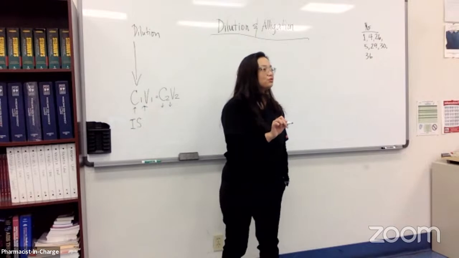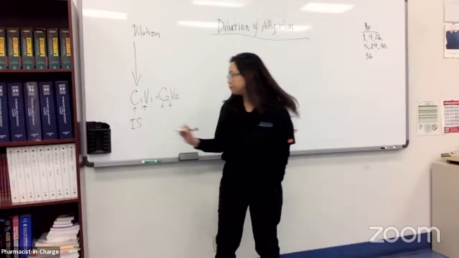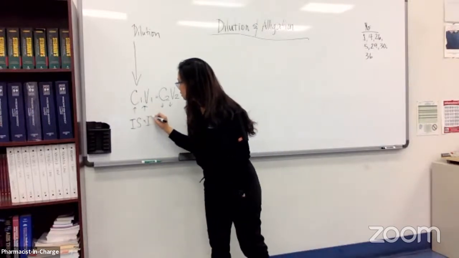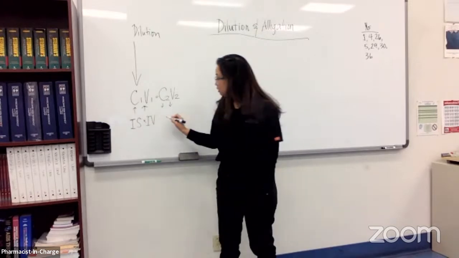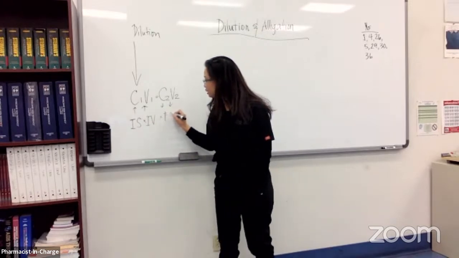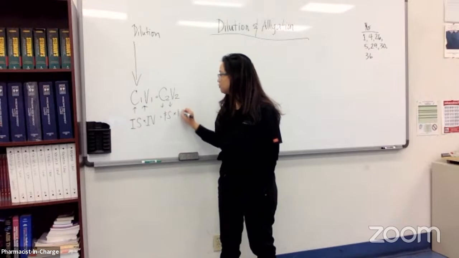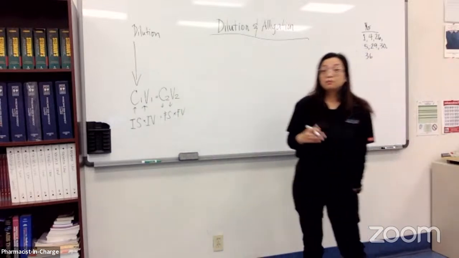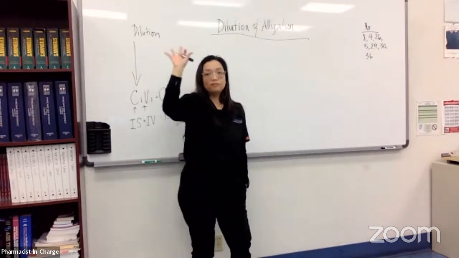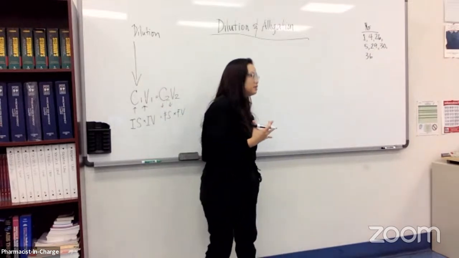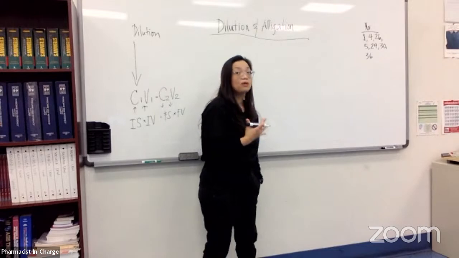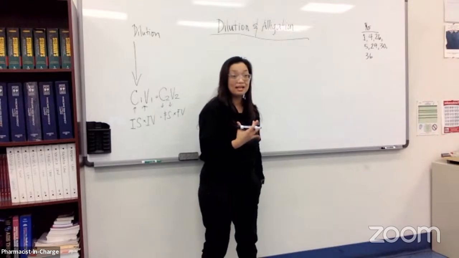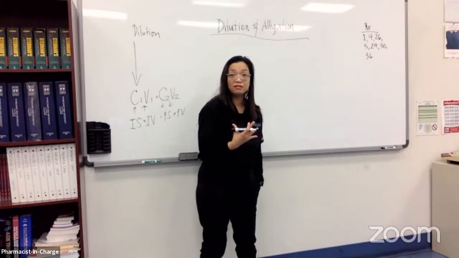It's exactly the same. But I learned in pharmacy school C1V1 equals C2V2, so it's a habit. I want you to know we're talking about the same exact thing, same language.